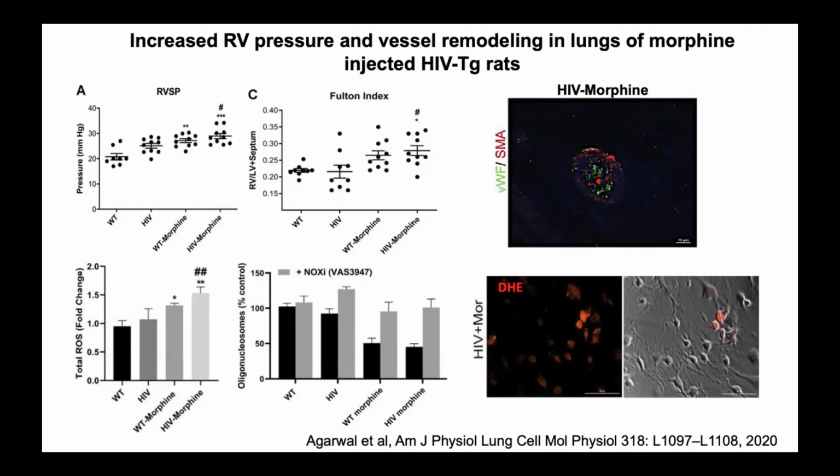There was a lot of mortality, and a lot of the rats were not able to survive the whole ordeal of 21 days of morphine injections. So I feel that if we had given lower doses of morphine and kept the rats for a longer time, giving not antiretrovirals but something to reverse the morphine, because morphine was creating a significant hit on the HIV transgenic rats, that could have been reversible. But with chronic injections, I don't think it would be reversible.